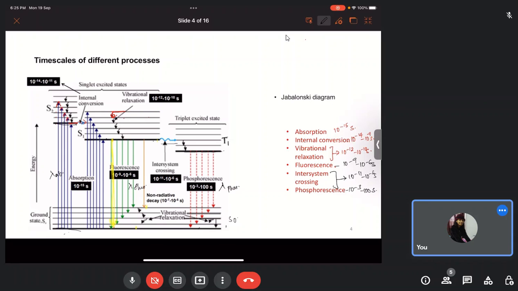I hope all of you understood the different processes, their time scales, which processes are radiative and which are non-radiative. If you haven't understood, or if you're not completely able to follow what I've discussed so far about the time scales of the radiative and non-radiative processes, please raise your queries.